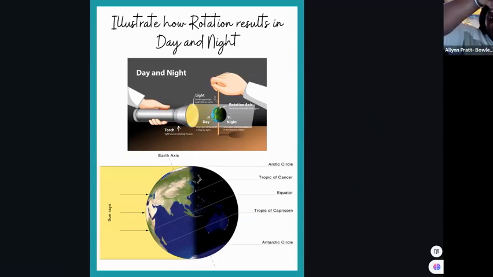And because the Earth is spinning, this right here is spinning, we have a 24-hour day, and then we have a 365.25-day orbit around the sun. Okay, so day and night occurs because the sun is stationary, and the Earth spins and orbits around that stationary sun.